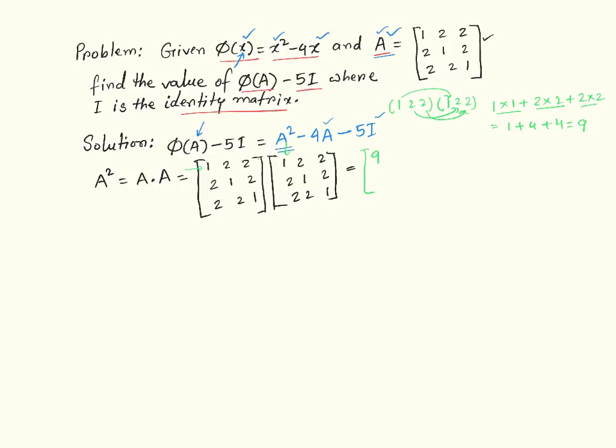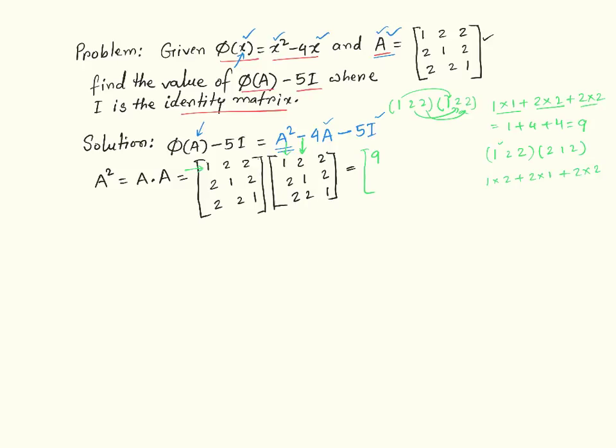Now let me do another calculation here. I'm going to do the first row and second column. So that's going to give me the next entry here. It's going to be 1, 2, 2, multiplied with the second column, which is 2, 1, 2. So if I multiply it out, it's going to give me 1 times 2 plus 2 times 1 plus 2 times 2.